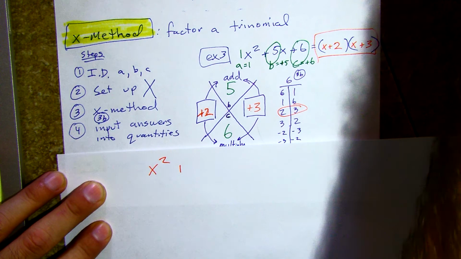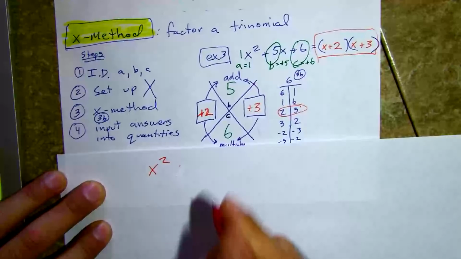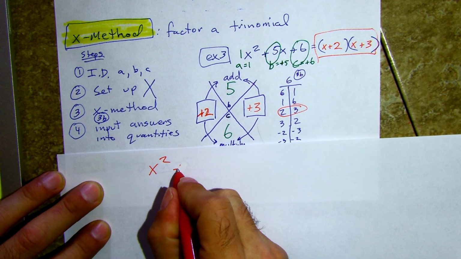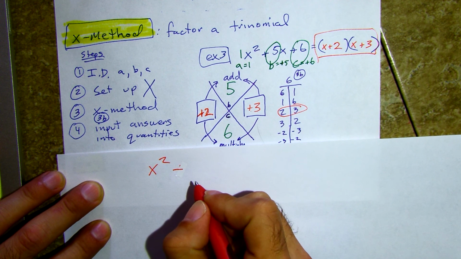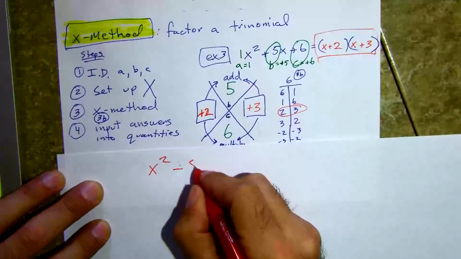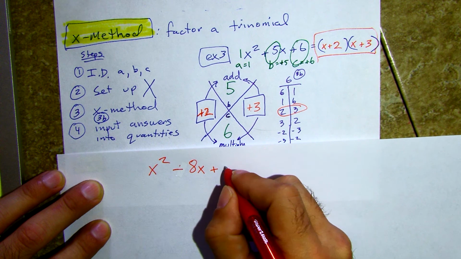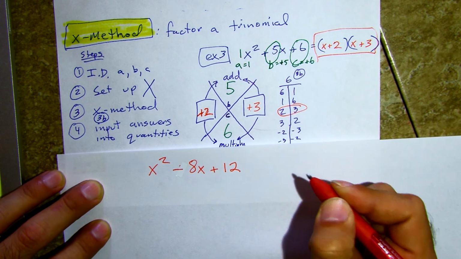Okay, this one's a little more complicated, but we're going to end up with an answer exactly how we end up always. So, step 1, identify A, B, and C. You know what? You don't have to write it out. You can just say this is A, that's B, that's C. You can make it a little bit easier as we do our second problem here.